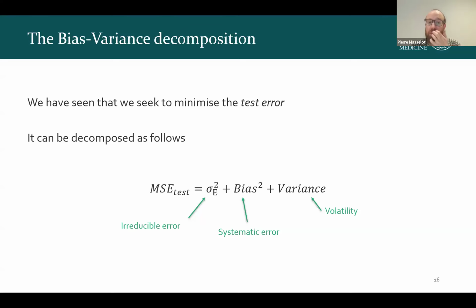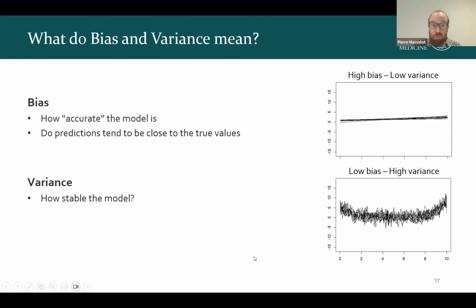Is it very wiggly or not? To give some examples, bias typically shows how accurate the model is. It measures if predictions tend to be close to the true values of our target, while variance is more of a measure of stability. So here, for instance, you have a biased but low variance model, which is a typical linear model.